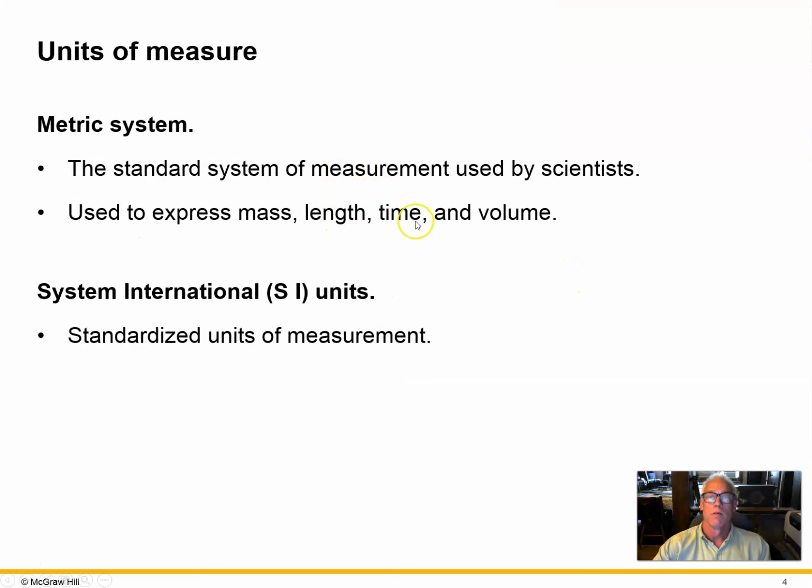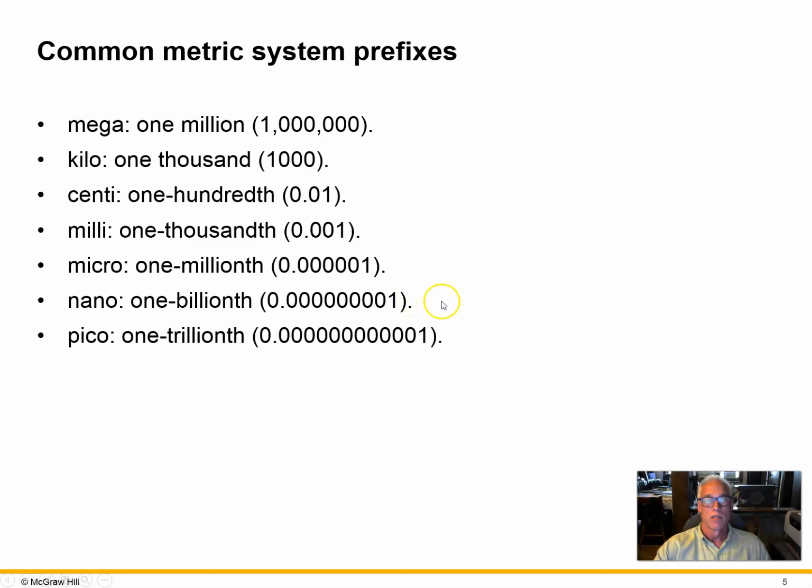The metric system is what scientists use when recording data to make calculations, and so we'll be sticking with the metric system and specifically the International System of Units. Those are just some standard units so that everybody's on the same page when we're talking about exercise and the calculations we do.